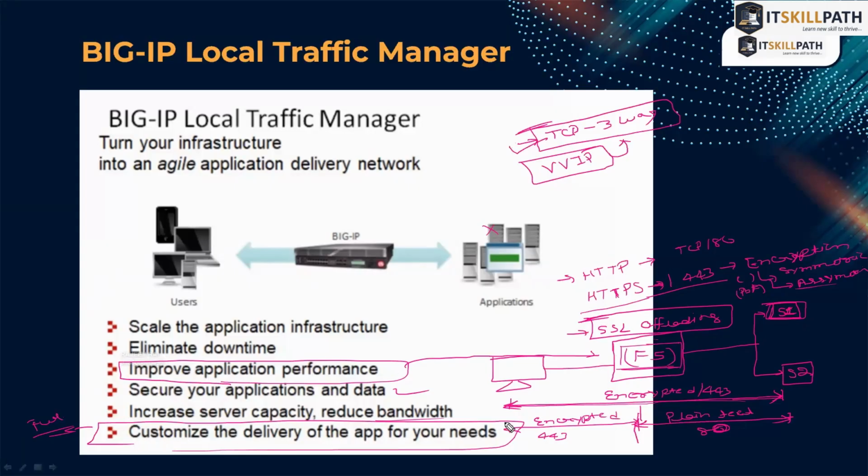In SSL offloading, two connections will be built. One connection is from client to F5, which is encrypted. The client is coming from the internet to our F5 in the data center in an encrypted way. The F5, the load balancer, and the backend server hosting the application are also in the same data center, so we are sending plain text on port 80.